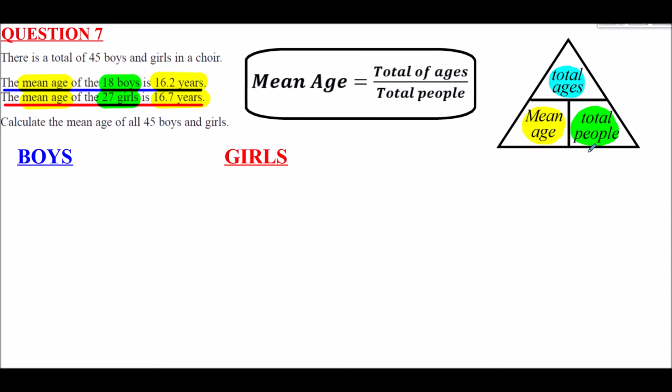Now you just cover up, using your hand or finger, whatever you want to work out. So if I cover up total ages, like so, I see that the total ages I can work out by doing mean age multiplied by number of people. So total age, mean age times number of people.